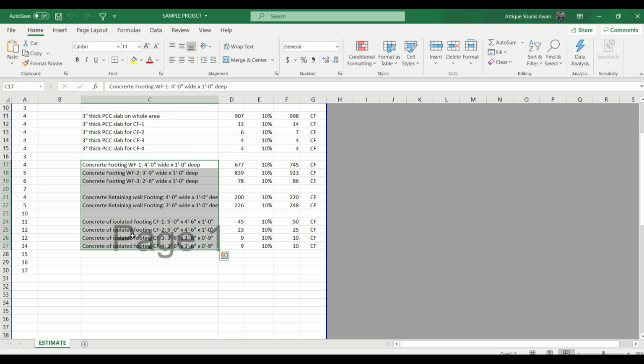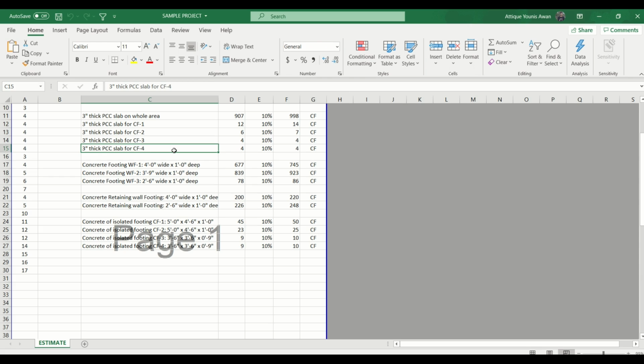Actually not the retaining wall, but the footing of retaining walls. In today's session, like in the previous session, we are going to discuss the details of the concrete.